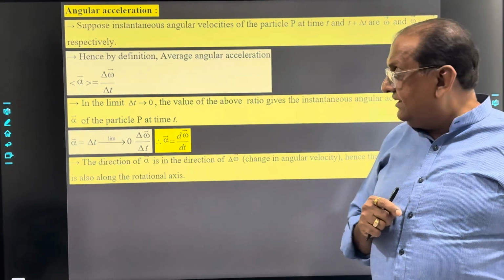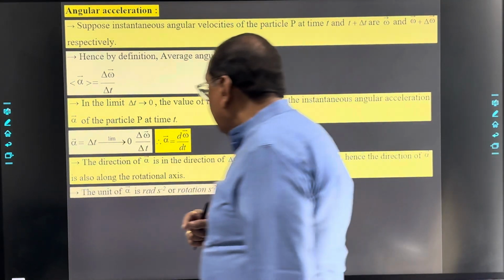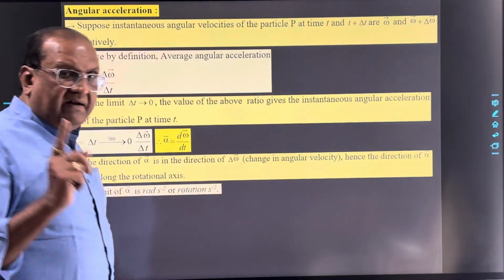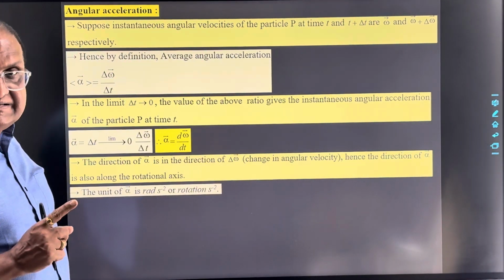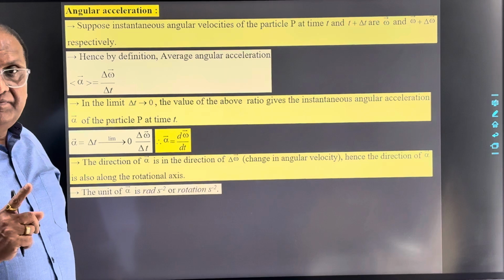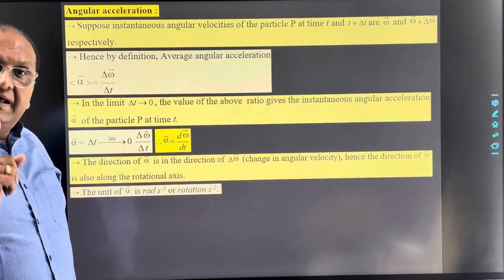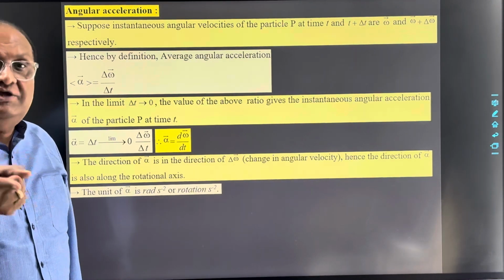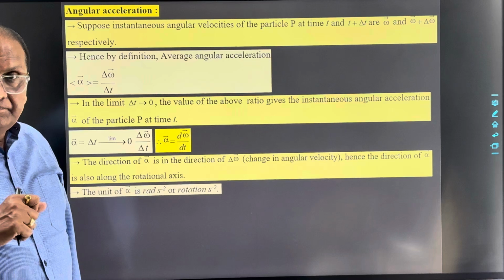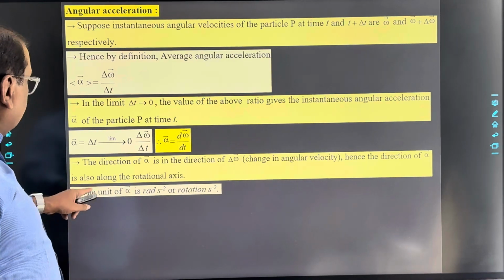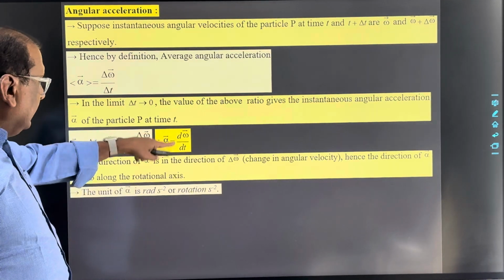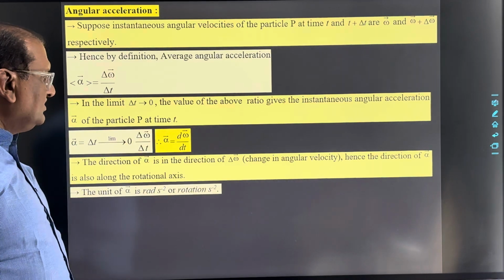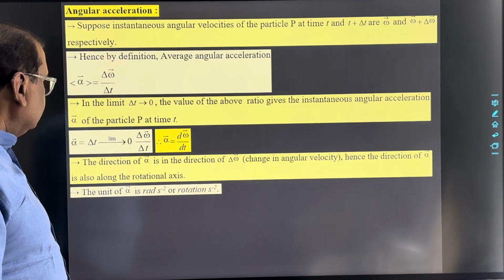No doubt that will also be along the rotational axis, but it is in the direction of change of angular velocity. If you write the unit, it is radian per second square or rotation per second square.